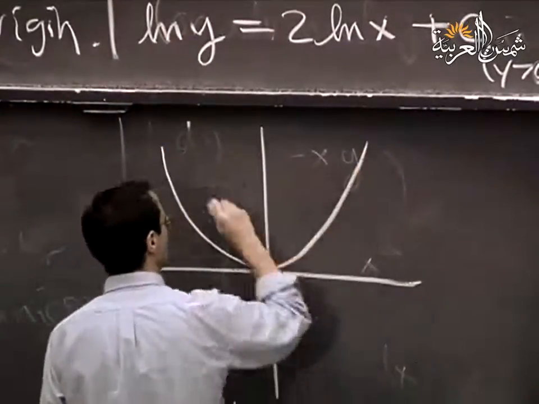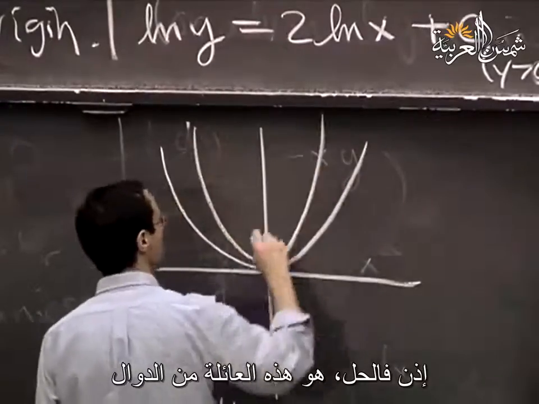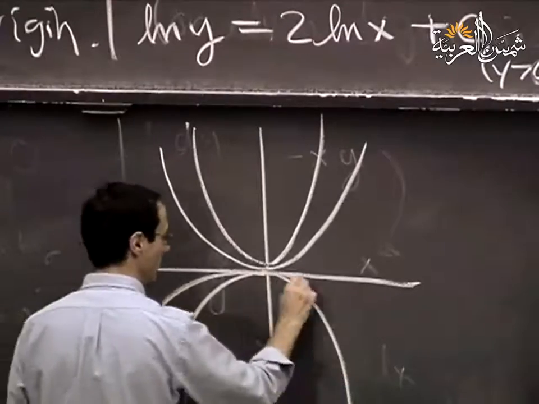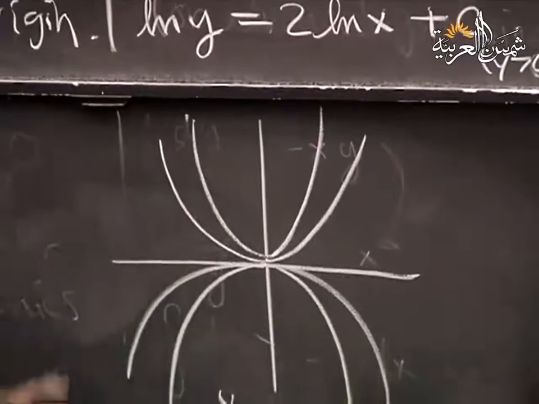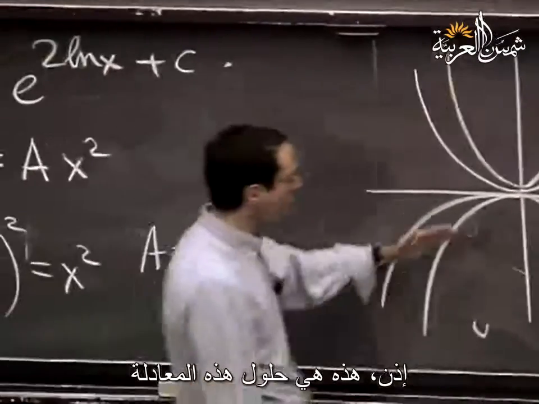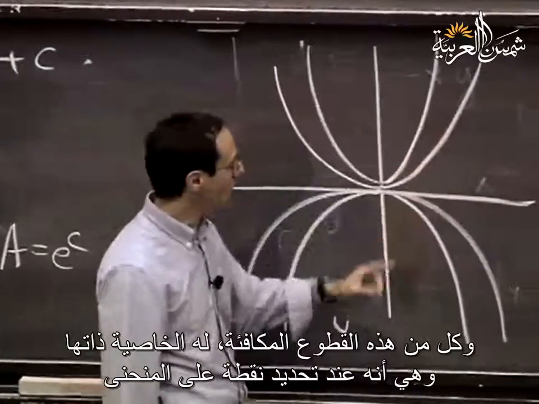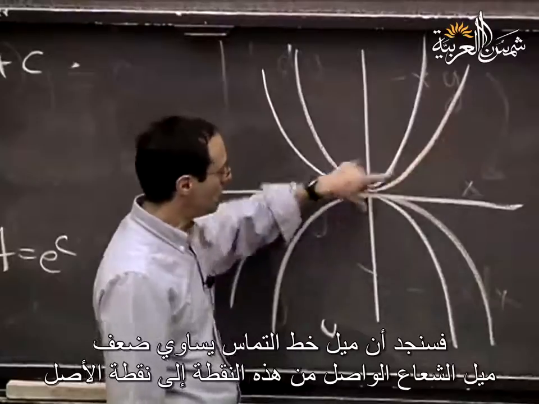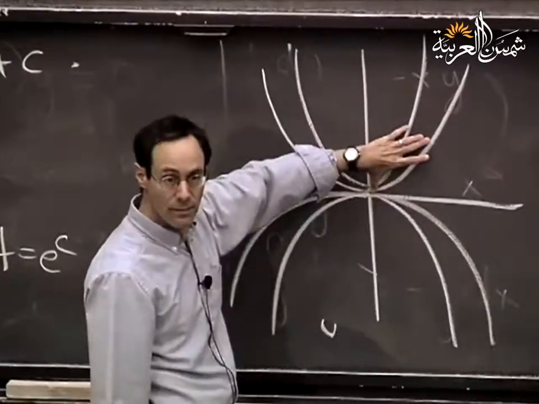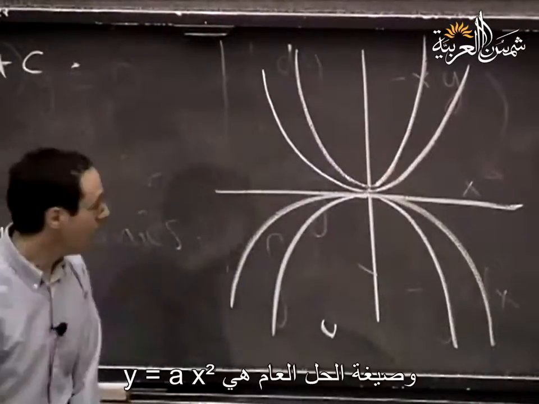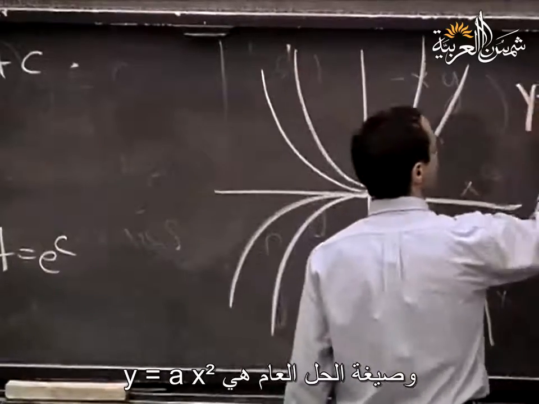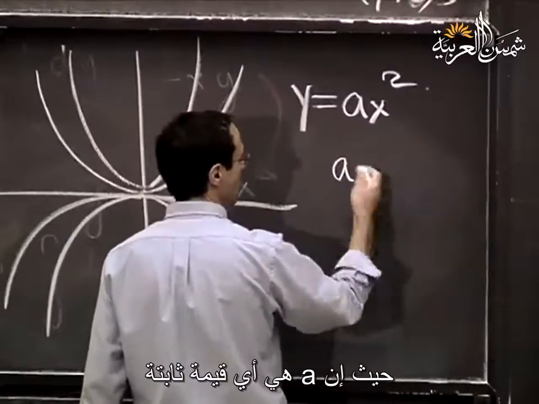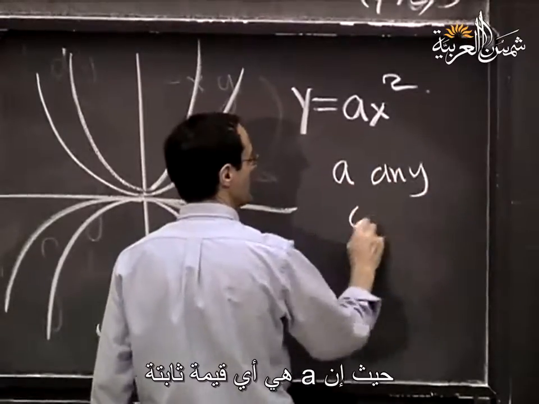So the solution is this family of functions, and they can be bending down as well as up. So these are the solutions to this equation. Every single one of these curves has the property that if you pick a point on it, the tangent line has twice the slope of the ray to the origin. And the formula of the general solution is y equals A x squared. A is any constant.